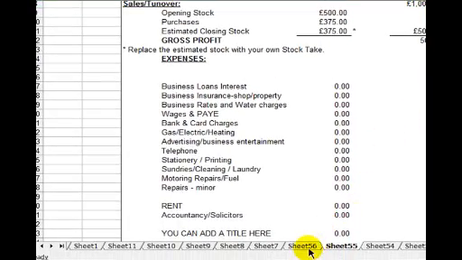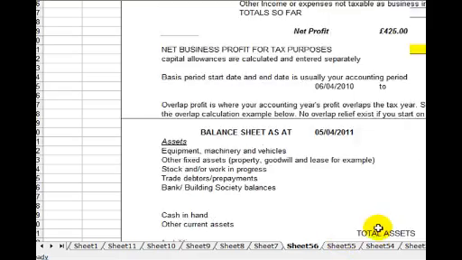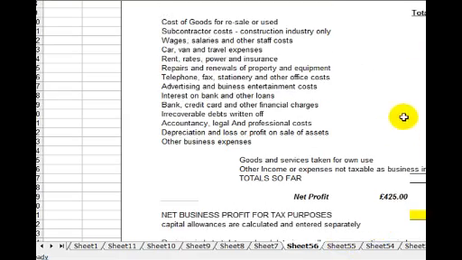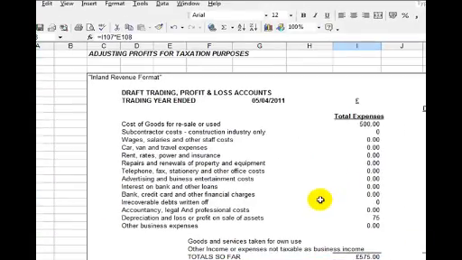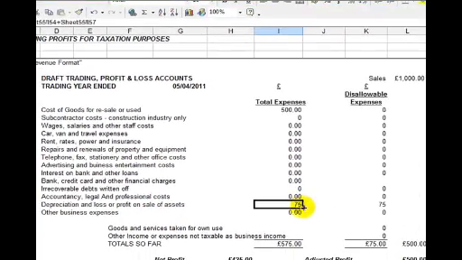Now if you look at sheet 56, this is a summary of what you need to submit after it has been adjusted for tax. That's what you need to submit to the tax office, because there are certain elements in the trading and profit and loss account which are not permitted. For instance, the depreciation charge is not allowed, so we need to take this out as a disallowable expense.